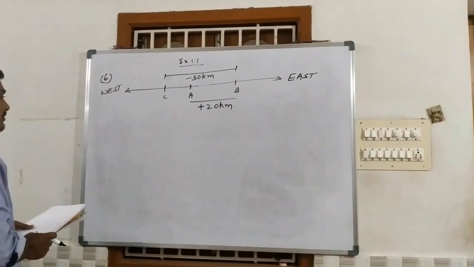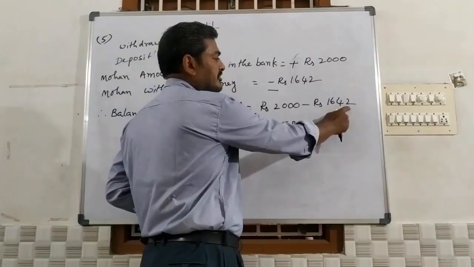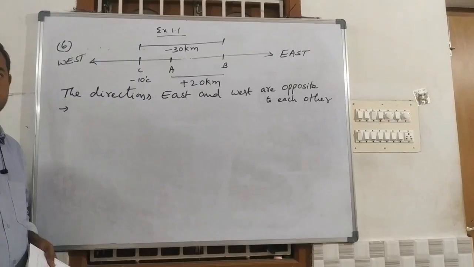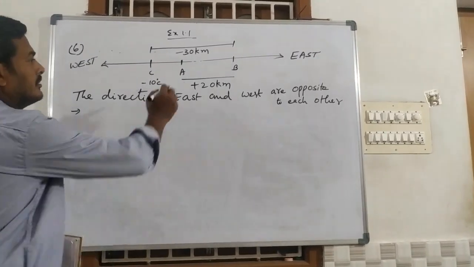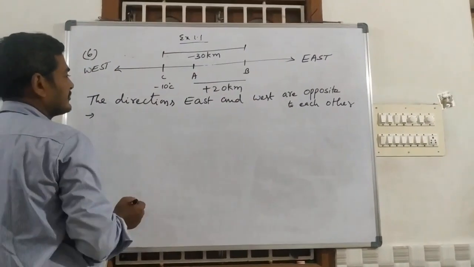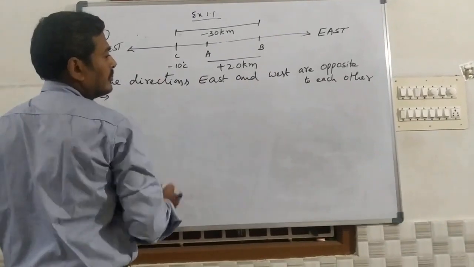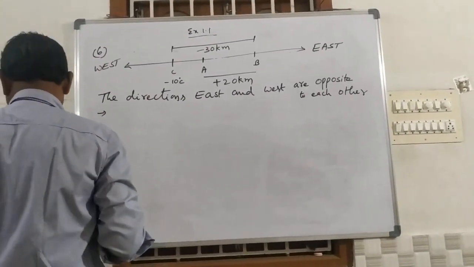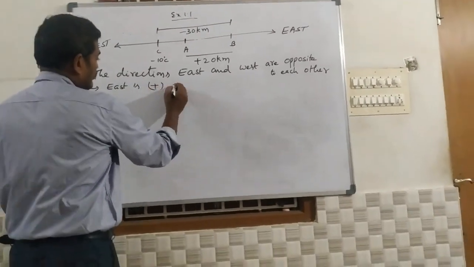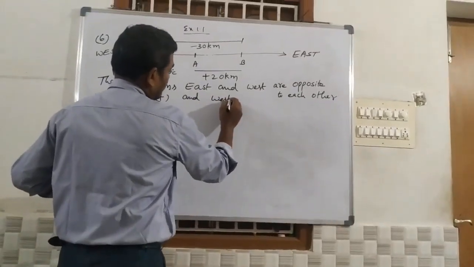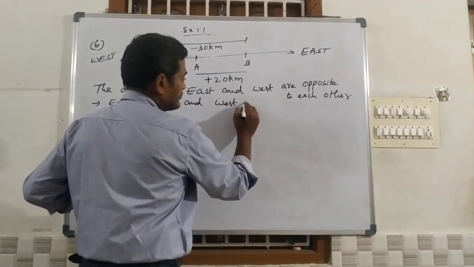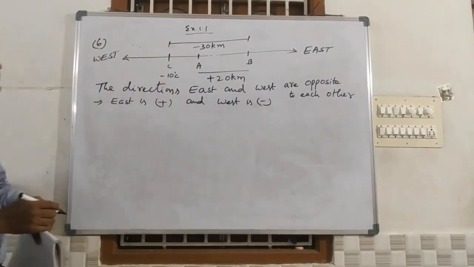Now come to the sixth question. East and west are two opposite directions. So both east and west are opposite to each other. Now east is positive and west is negative.